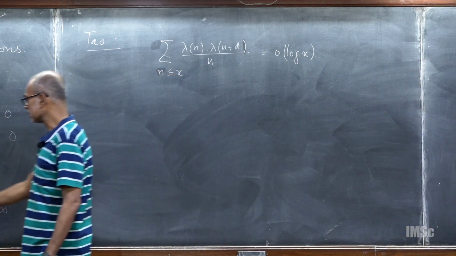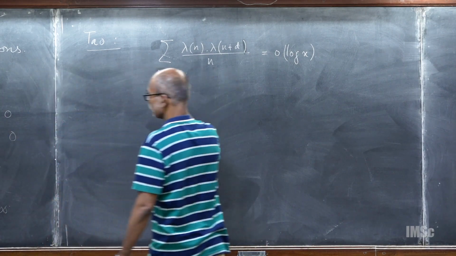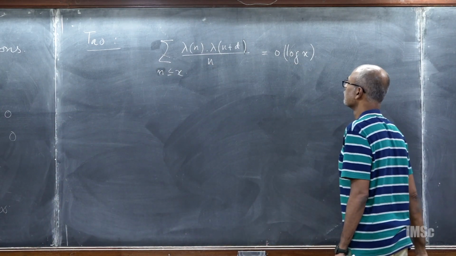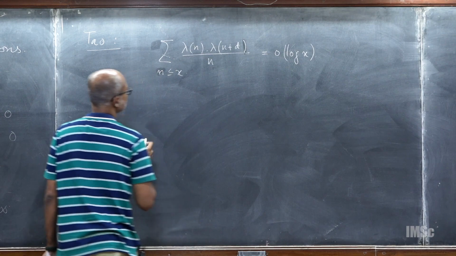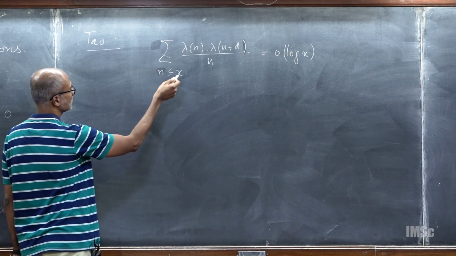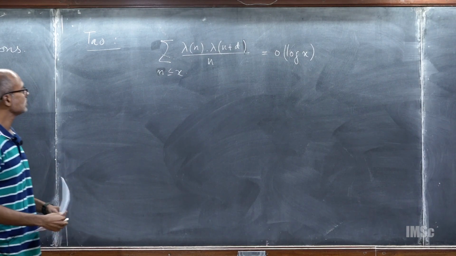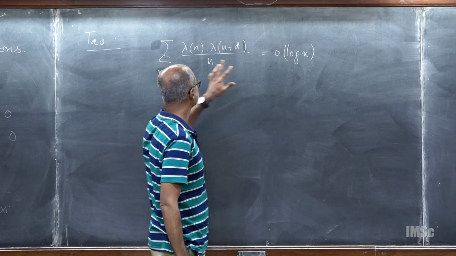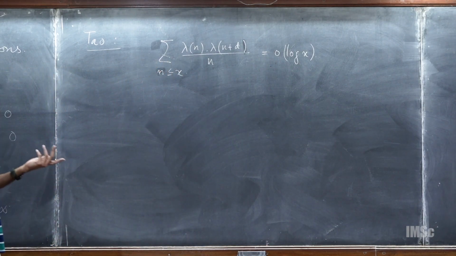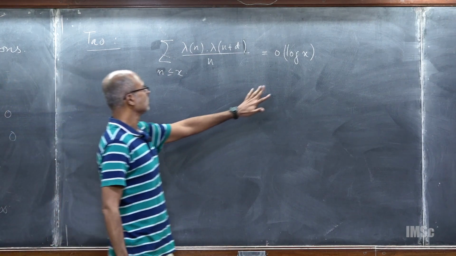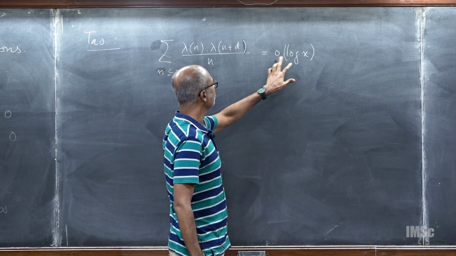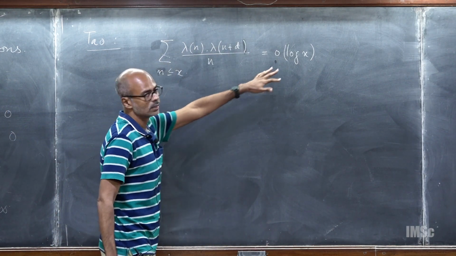Of course this is going to imply this, but this does not imply that. It is known as logarithmic Chowla because you are putting this 1 over n, and it is little o of log x because the sum of the reciprocals up to x is about log x. So that's the correct thing to do. Little o meaning this divided by log x will go to 0.